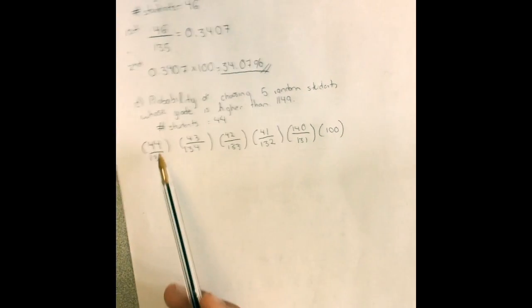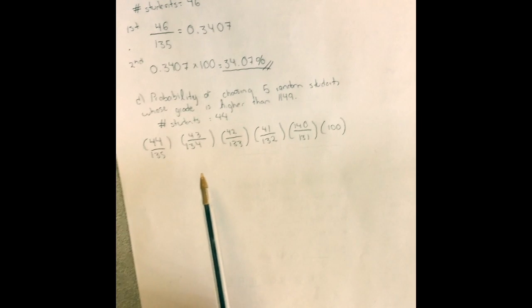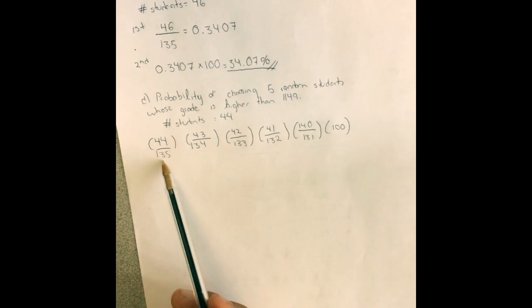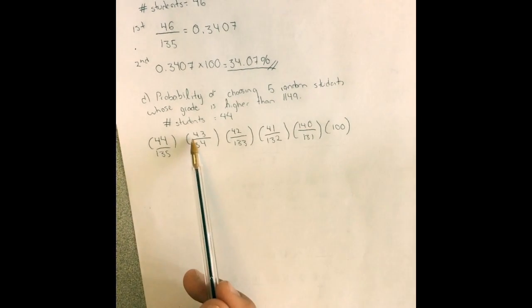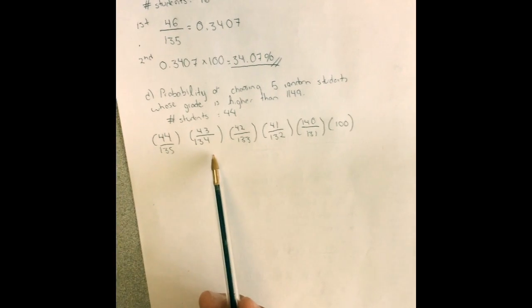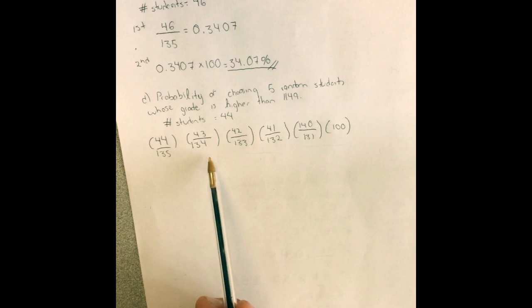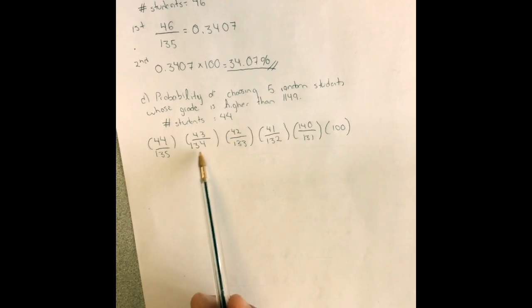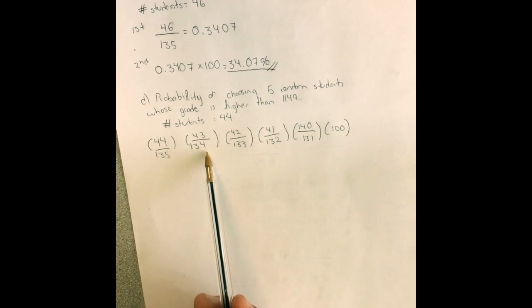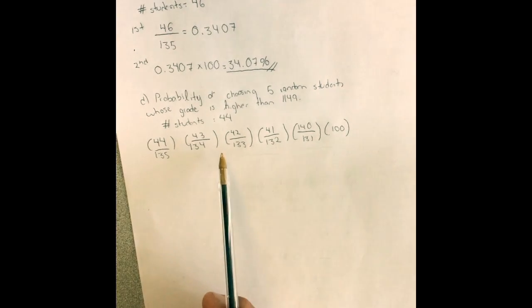The 44 over 135 represents the 44 students in total over the whole universe. Then the 43 over 134 represents this other student that we're going to choose randomly. Since we're going to choose 5, that's why we need to do 5 random operations or progressive operations.